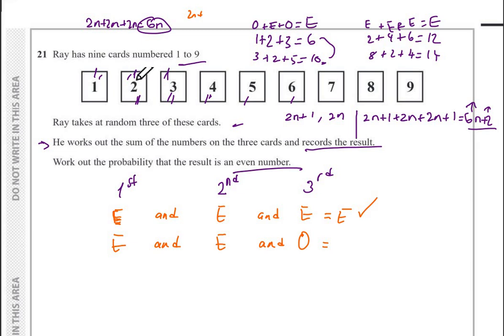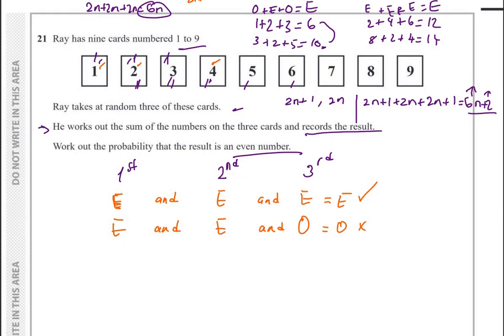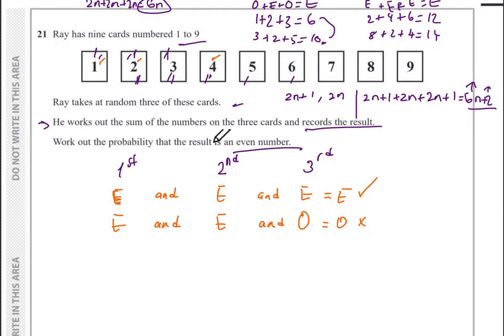So we could pick a 2, a 4, and a 1. Okay, that's even, even, odd, and that comes to 7. So we know that because that comes to 7, any other combination of even, even, odd that we pick is always going to come to an odd number as well. So that comes to an odd number, so we can't use that probability. We're not looking at that probability. Remember, work out the probability that the result is an even number.